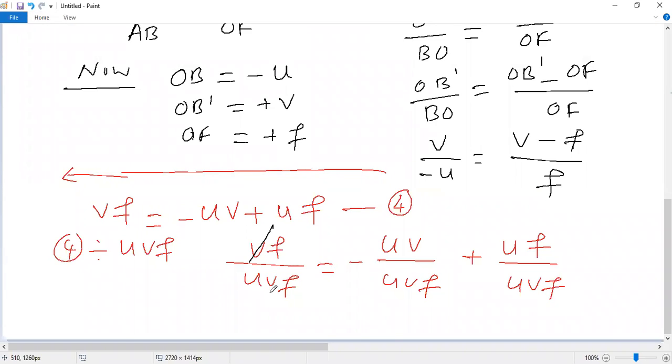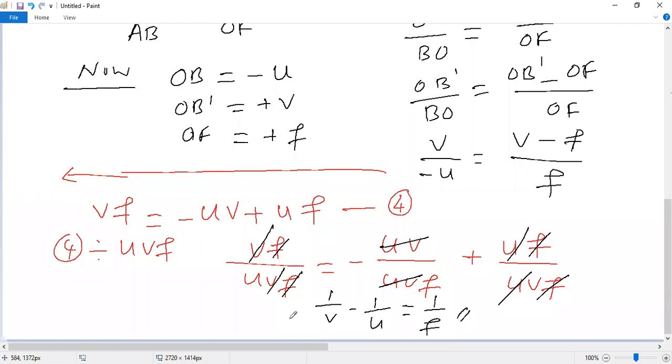Finally, you will get the lens formula: 1 by v minus 1 by u is equal to 1 by f.